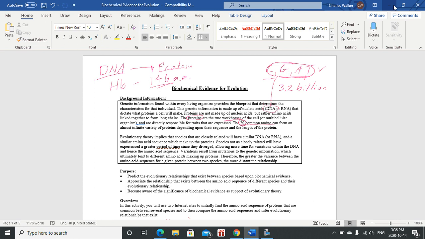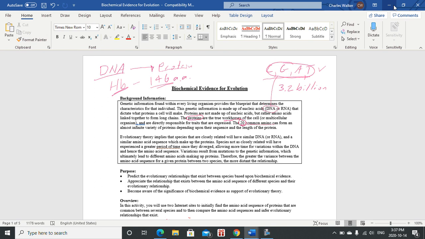So why is this the case? Well, if we're talking about the beta hemoglobin, at one time it would have originally evolved, and there would have been a specific sequence in the DNA, the C's, the G's, the A's, and the T's, which would code for this particular protein.